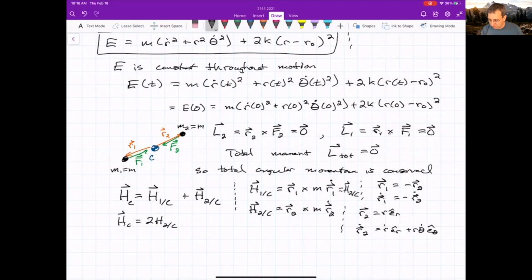You take the cross product of those two, the only thing that's going to survive is M r squared theta dot in the ER cross E theta direction, which is E3. I didn't say what that was, but if we write ER, E theta, coming out of the screen to complete the right-handed coordinate system would be E3.